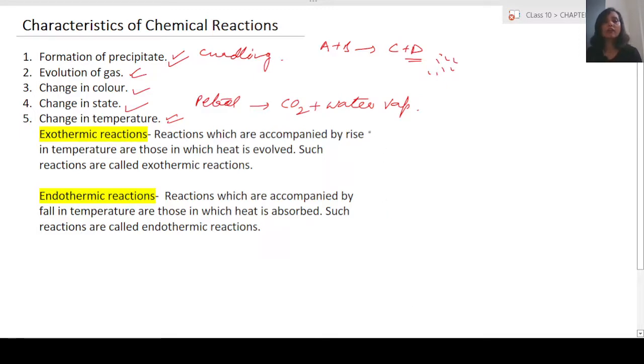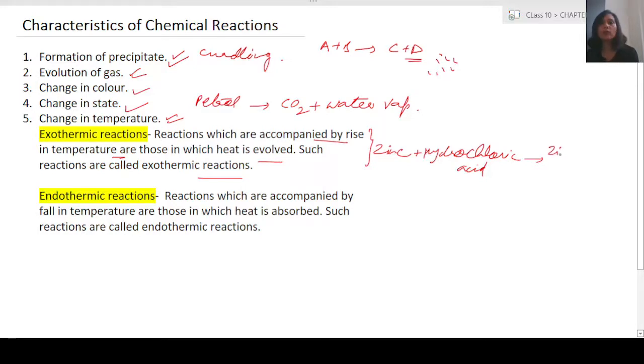Now see here the exothermic reaction definition: reactions which are accompanied by a rise in temperature, in which heat is evolved, are called exothermic reactions. For example, in the previous one, zinc plus hydrochloric acid. In this reaction also, if you touch the walls of the conical flask, you will feel that the walls are a little bit warm, proving that it is an exothermic reaction in which the heat is evolved.